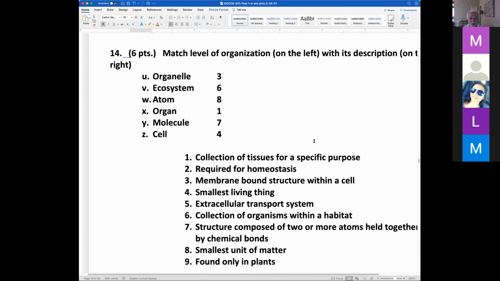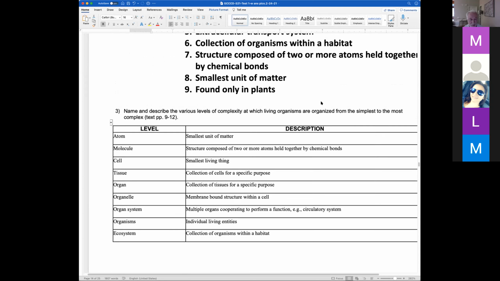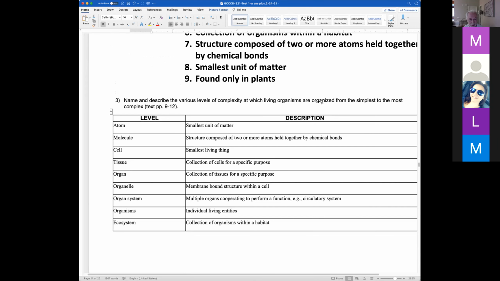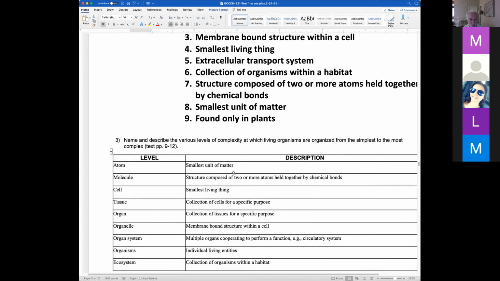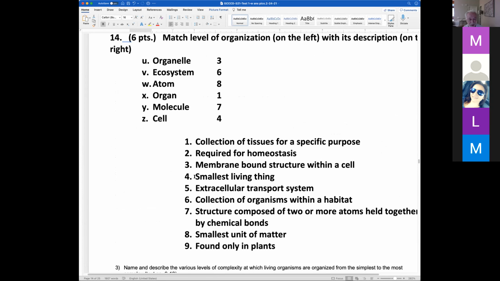Okay, match the level of organization with its description. This came from a worksheet, actually, where you were supposed to have gone into your textbook, pages 9 to 12, and filled in this table. And if you did, you came up with an organelle is number 3, a membrane structure within a cell. An ecosystem is number 6, collection of organisms.